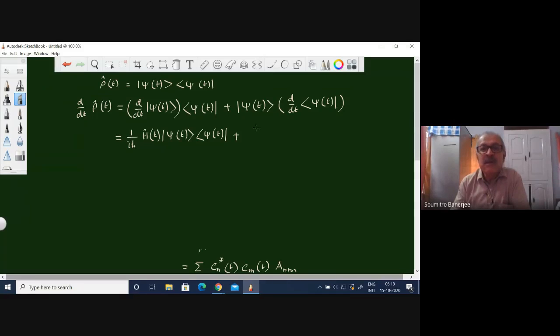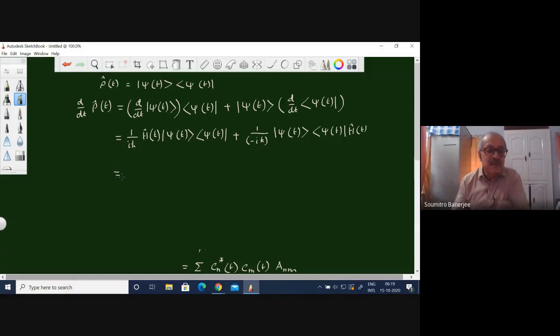So it will be 1 by minus i h cross, and then first this one, psi t, operated on from the right hand side by the Hamiltonian operator. Okay, so this is the way you would write the bra equation in the Schrodinger equation.